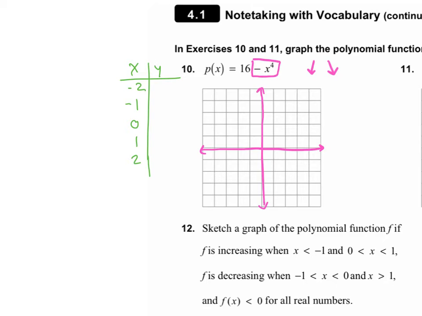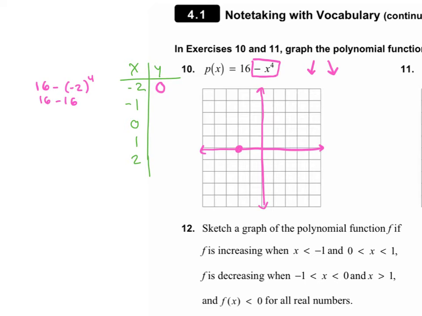So we plug in -2, -1, 0, 1, and 2. So we have 16 minus -2 to the fourth power, which would be 16 minus 16. So this is 0. So we go to the left 2, stay on 0. That's our first point.